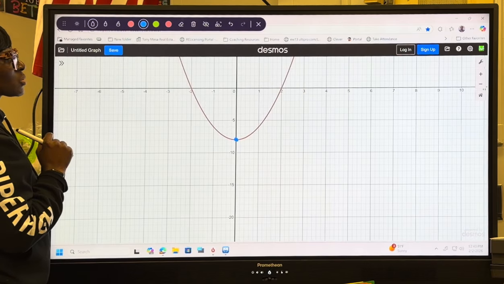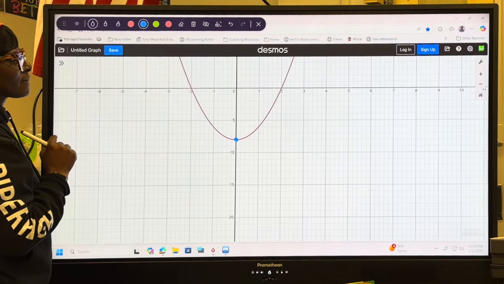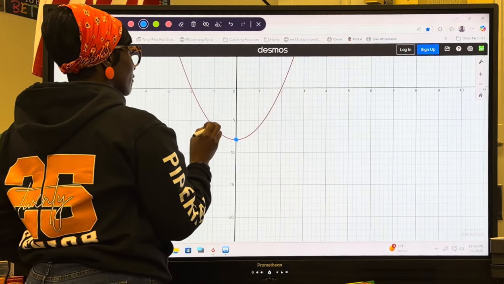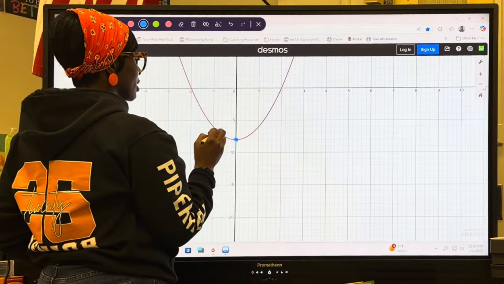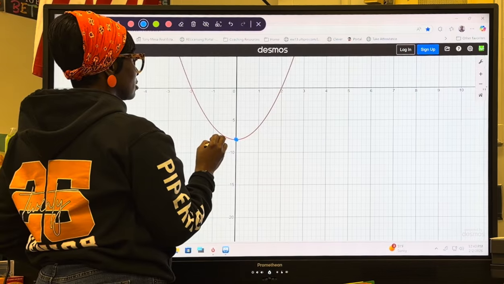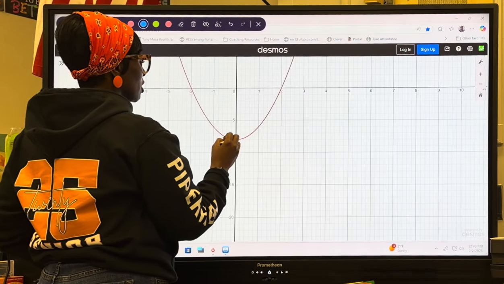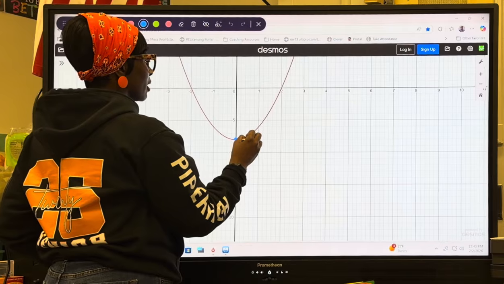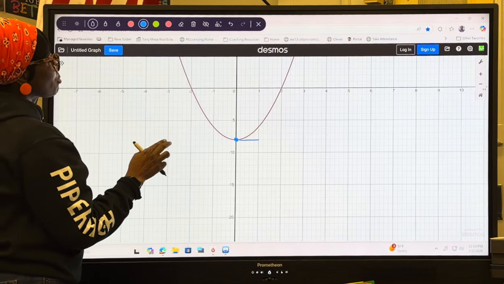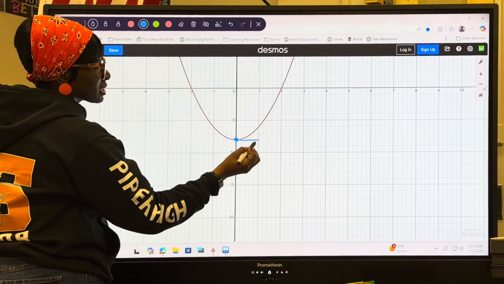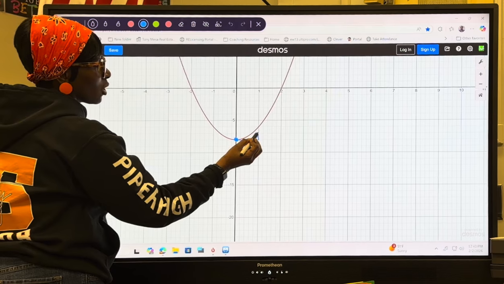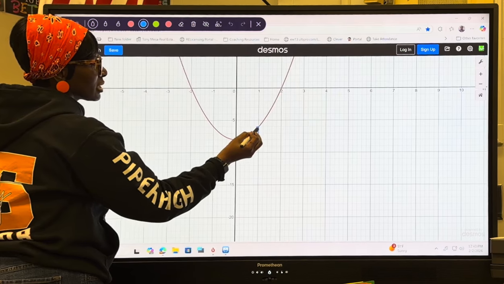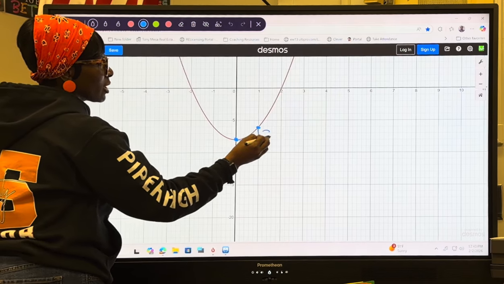What was our A for this one? 2. It was 2. If I go out 1 unit to the right, how many spaces do I have to go up to hit this line? 1, 2. Y'all see that? That's how I knew the A was 2.